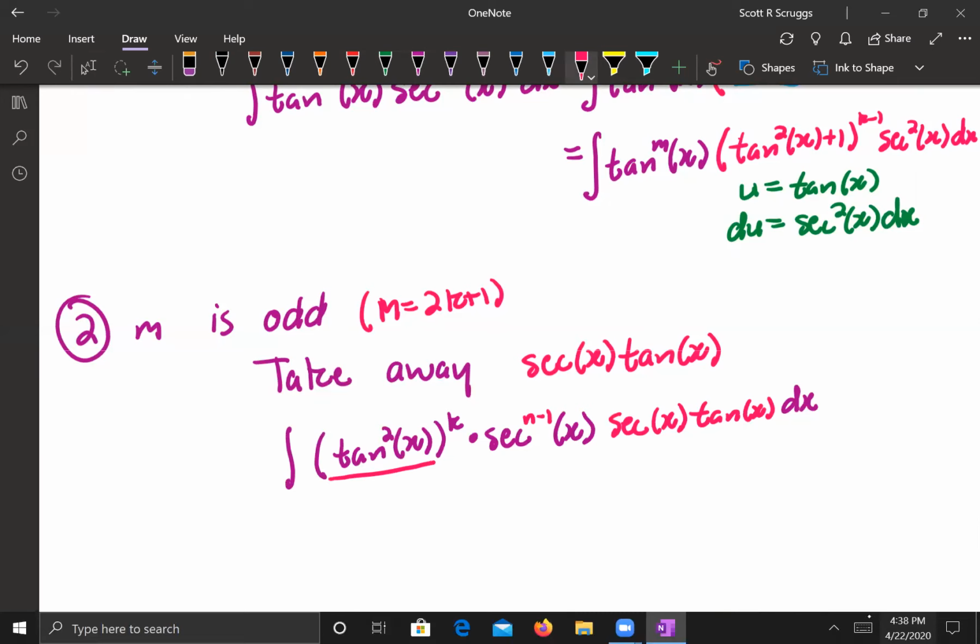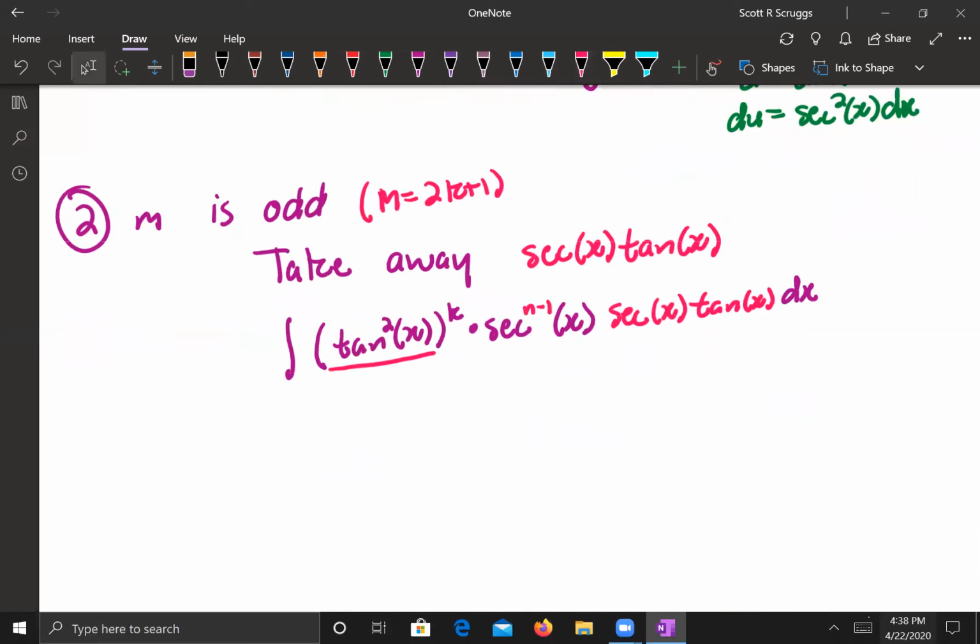Now I'm going to replace the tangent squared with a trig identity, which is secant squared of x minus 1 to the kth power.